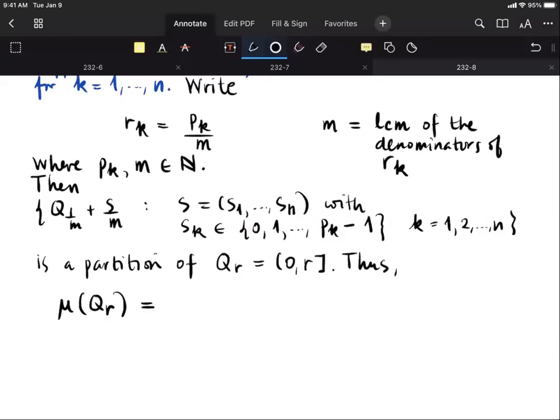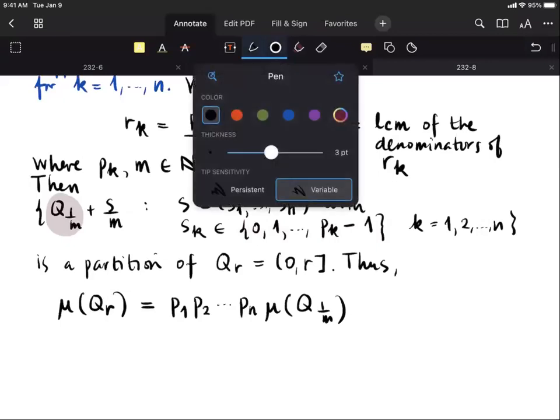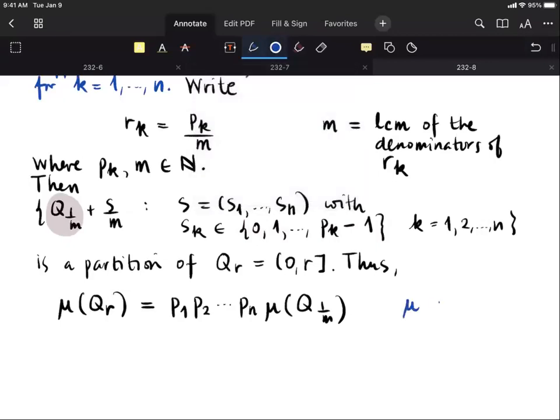And you can easily check that there are p1 times p2 up to p sub n tuples in that form by the basic counting principle. And you take the measure of Q1 over m. So you just need to take the measure of this set since we know that mu is translation invariant. So here we applied the additivity of mu and its translation invariance.